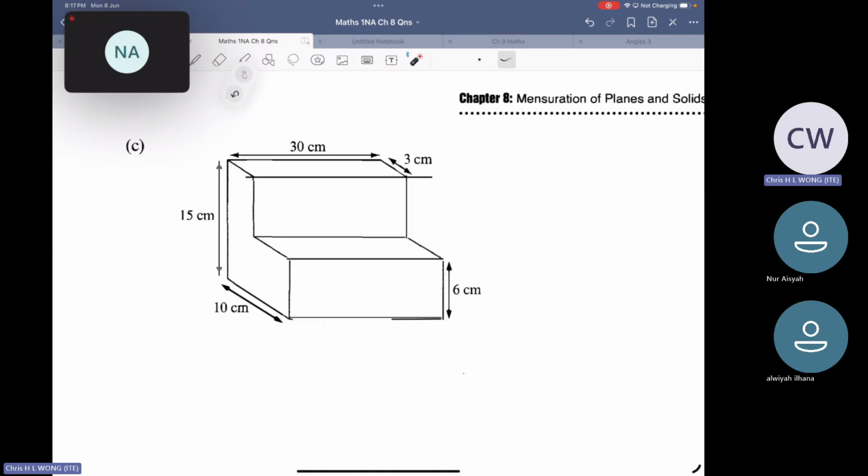I can find the total. What do you think? And somebody tell me, I find 2 sides only. 3 sides. I can find the total.